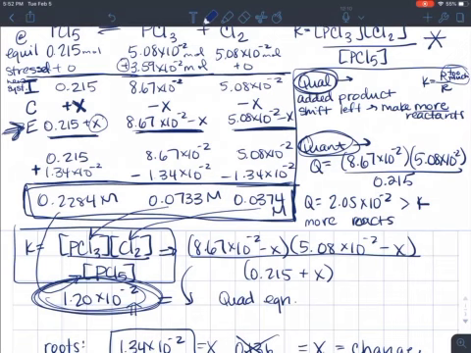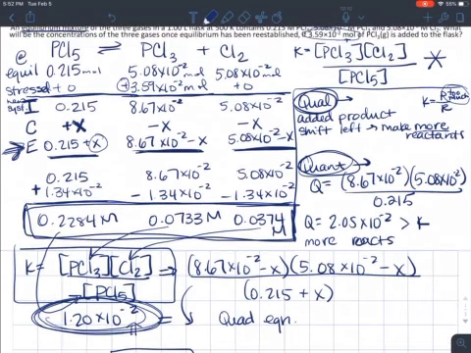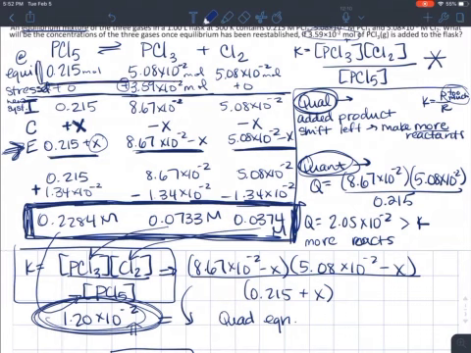Because even though we have different compositions at equilibrium between the second time we're at equilibrium, that's what you just solved for, and the first time we were at equilibrium, those are the numbers that were given to you in the problem, right? Those aren't the same concentrations, but the ratio of products to reactants should be the same between both of the equilibriums. So in both cases, we should come out with a K of 1.2 times 10 to the minus 2.